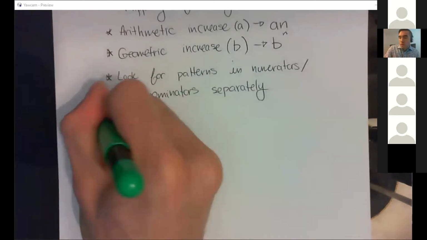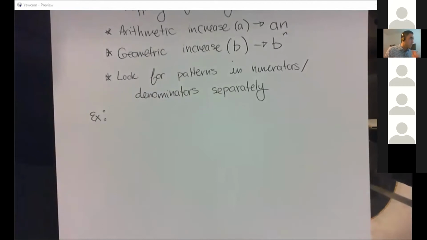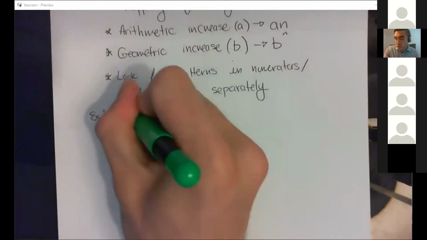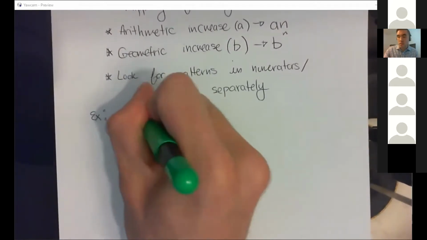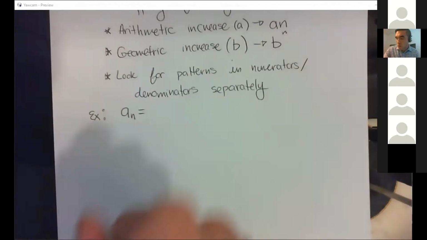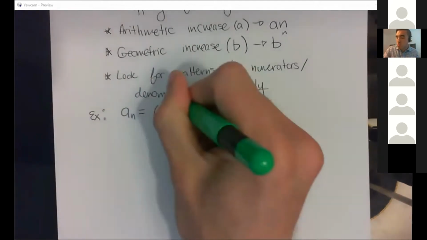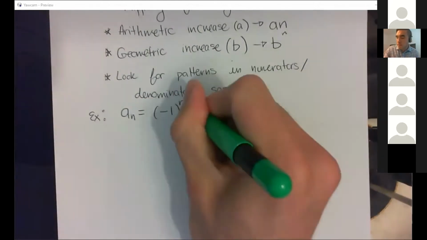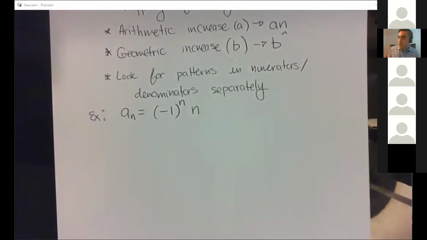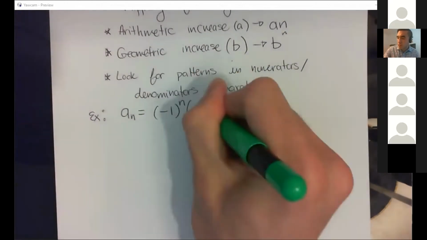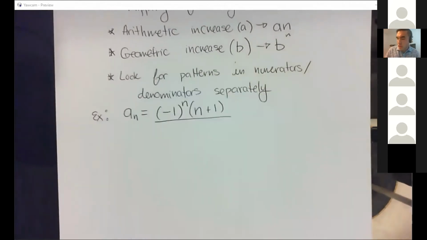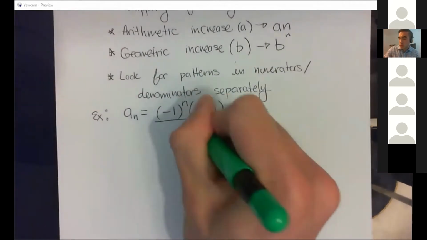And so, for example, let's say that we have the following sequence generating term. So I have a sub n is going to be equal to -1 to the n times n plus 1, divided by 2 to the n.